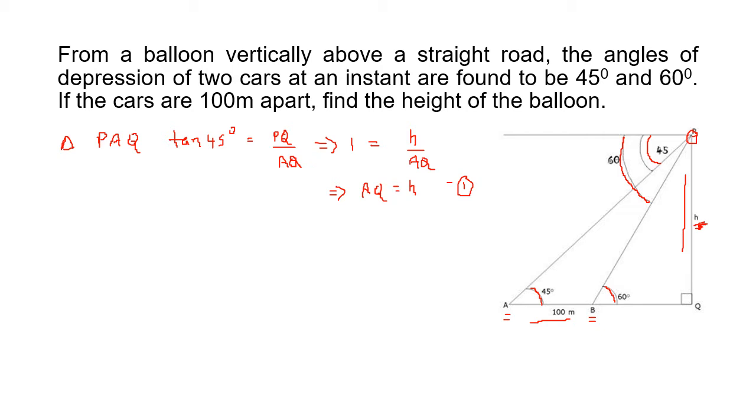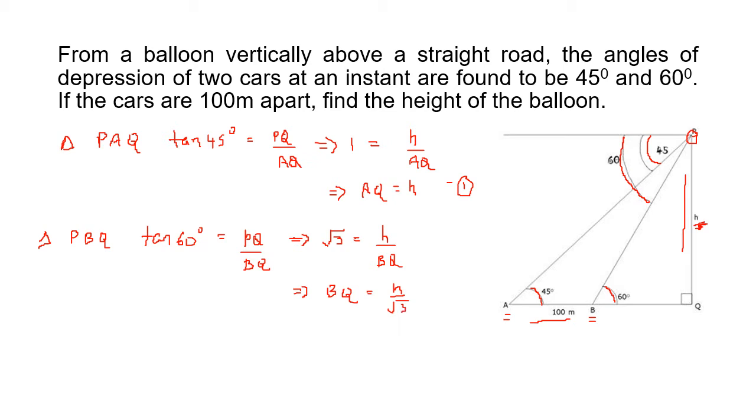Now look at triangle PBQ. In this we have tan 60 degree equal to opposite, that is PQ upon BQ. What is tan 60? This implies root 3 equals PQ, that is H upon BQ, and that implies BQ equals H upon root 3.